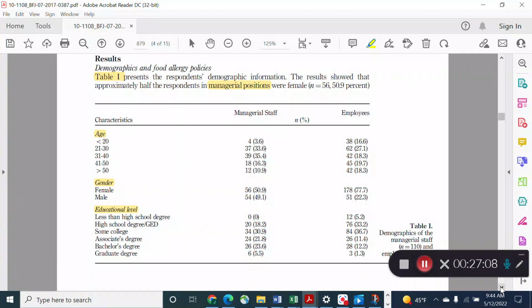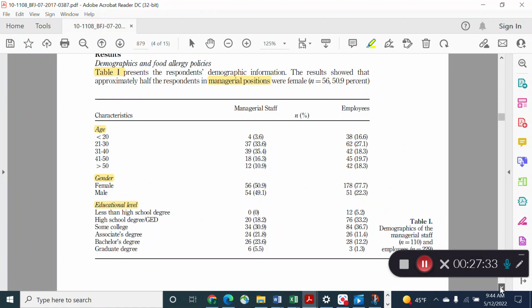We'll see when we get down into the paragraphs below, they do point out sort of where most of the people fall, what age ranges. And again, they're sort of similar for both groups. And then notice that the first number that they give for each of these is the actual number of people. And then they give percentages. And they did have quite a difference in numbers within each of the groups.